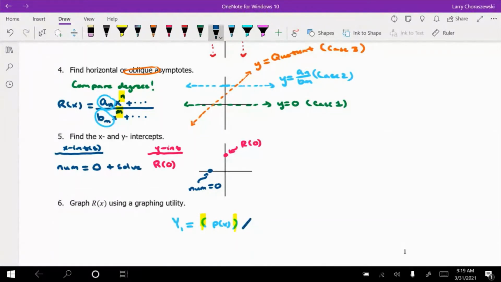And then our division bar, which will be slanted in the calculator, and then an extra set of parentheses around the denominator. And last but not least, there are going to be two versions of our rational function. I find it easier to use the standard form version. That way there aren't so many parentheses crowding the place.